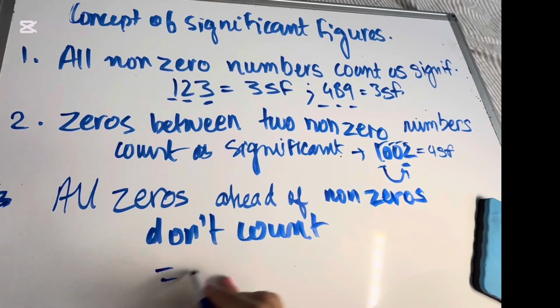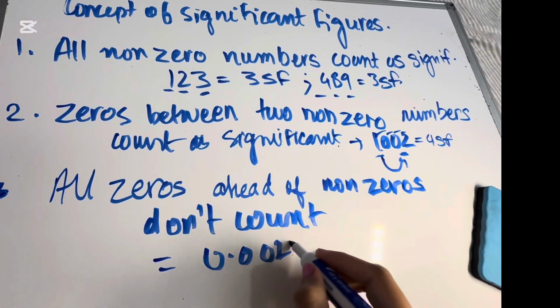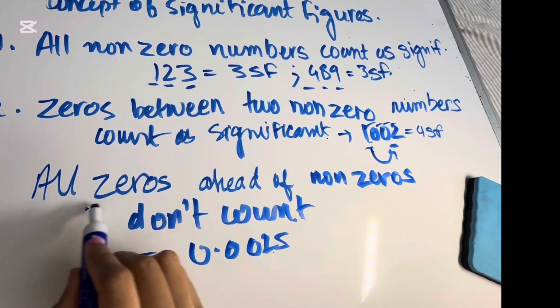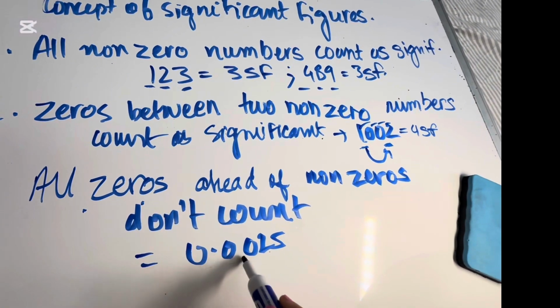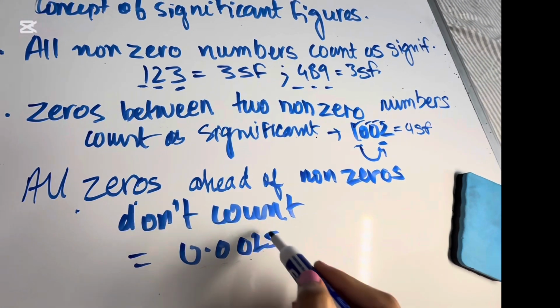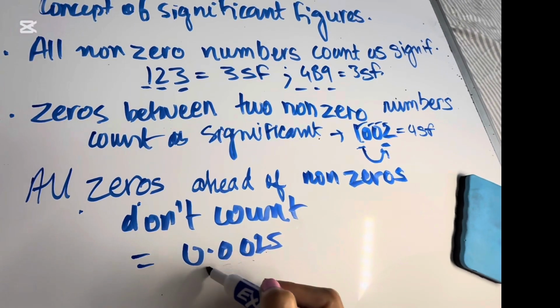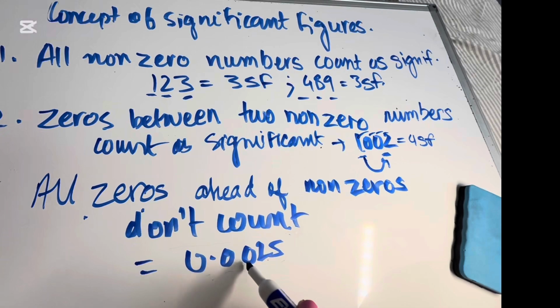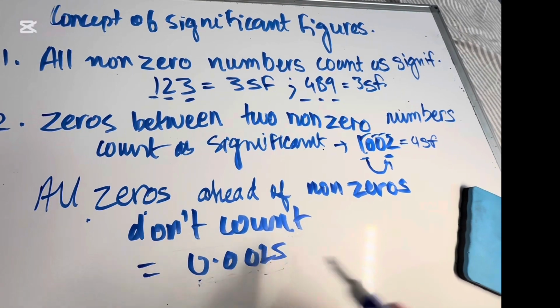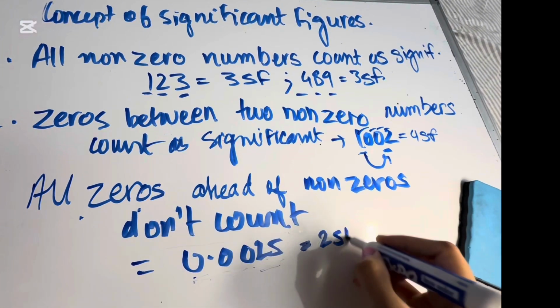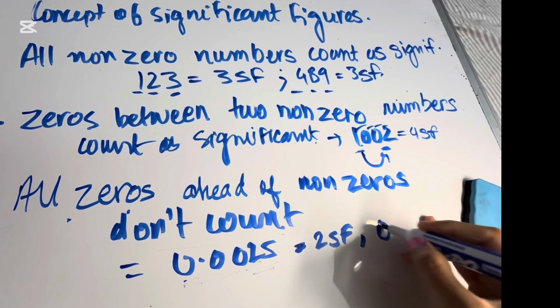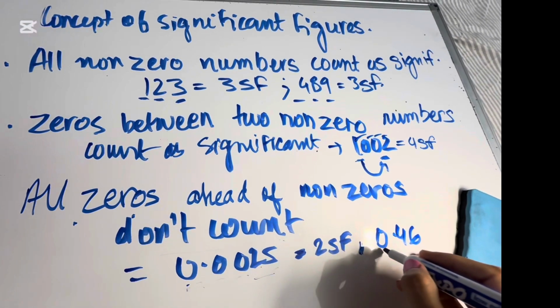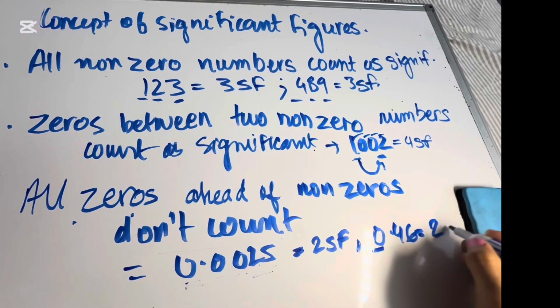That means if we have 0.0025, the rule says all zeros ahead of non-zero numbers don't count. So these are all zeros and these are non-zeros, so they don't count. This will be only 2 sig figs. Similarly, if we have 0.46, this zero will not count, and we have only 2 sig figs.